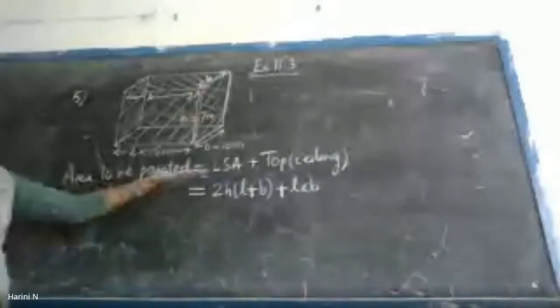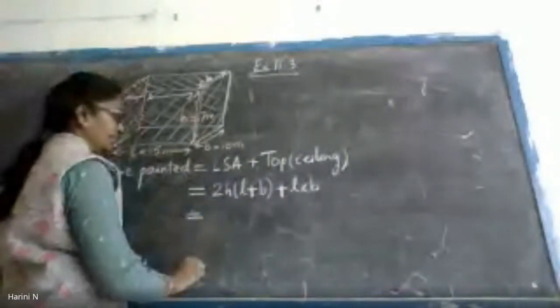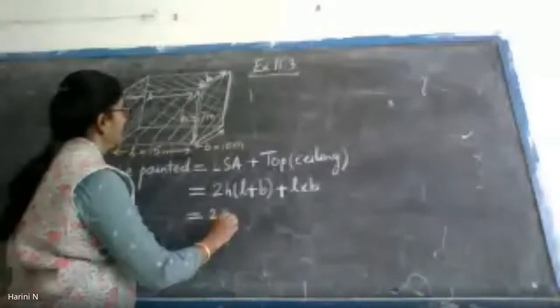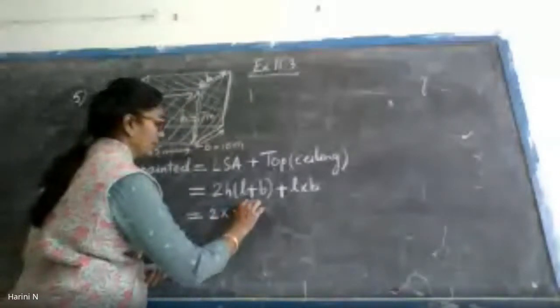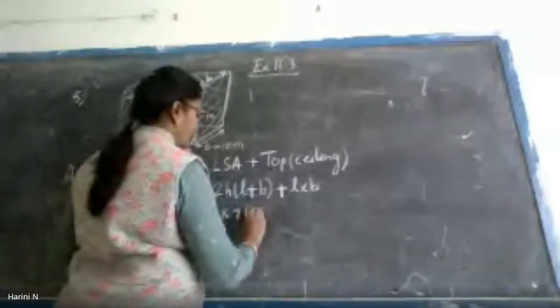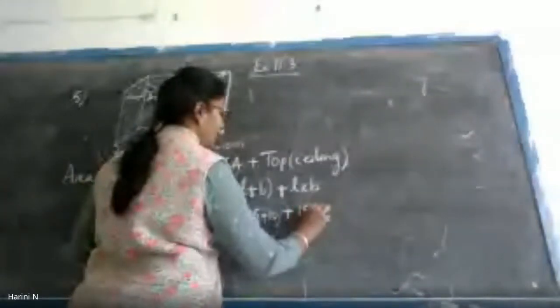So you will have LB, which is the area of the top. Now you substitute the length, breadth and the height. So this will be 2 into h, which is 7, multiplied by 15 plus 10. And this is 15 into 10.